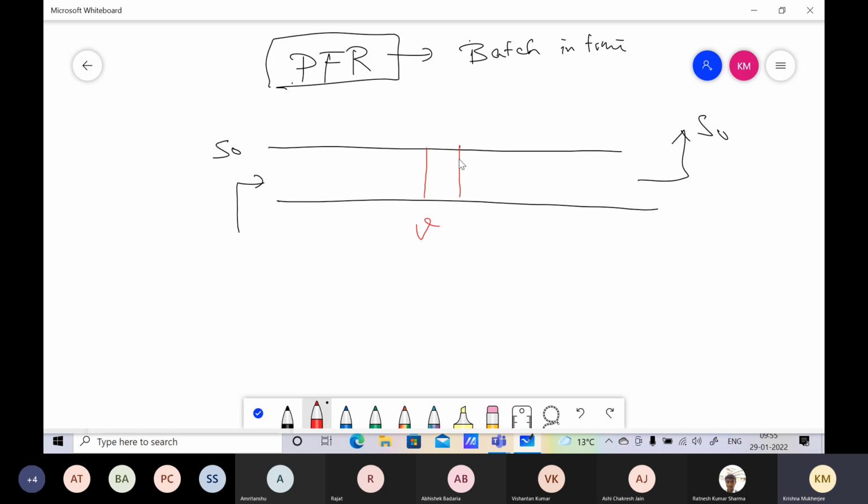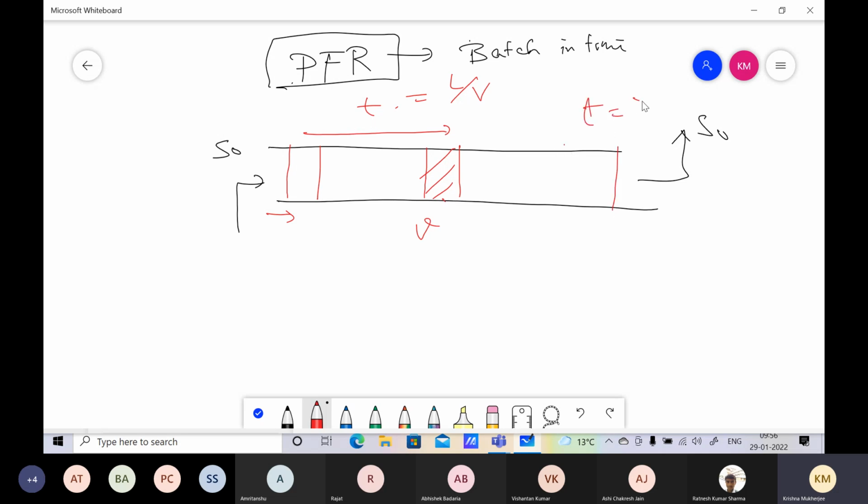So at any point here, we can treat this as a batch moving forward in time. This batch here has resided for almost 0 time. This batch here has resided for time t, given by L by V, where L is the length of the reactor and V is the average per unit area velocity.